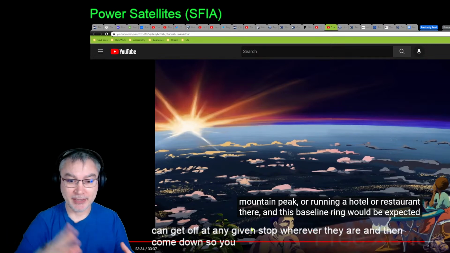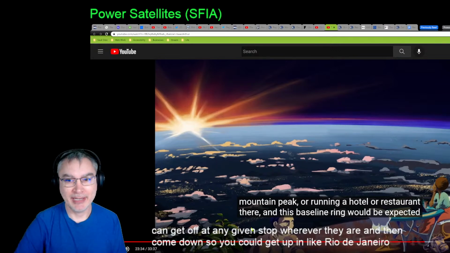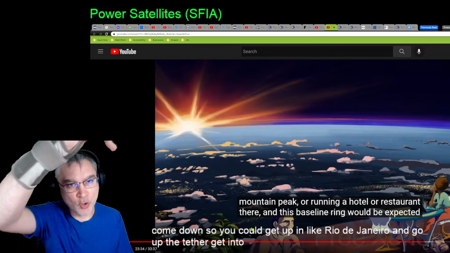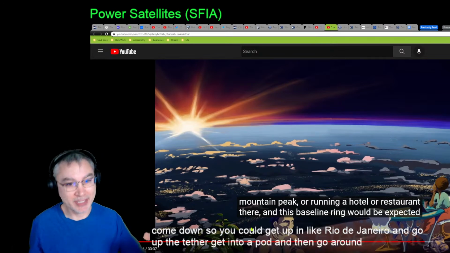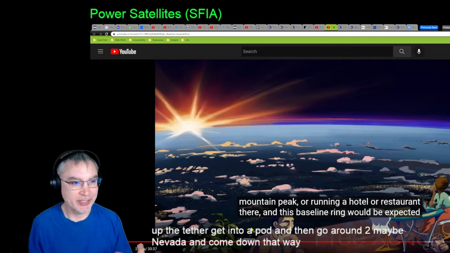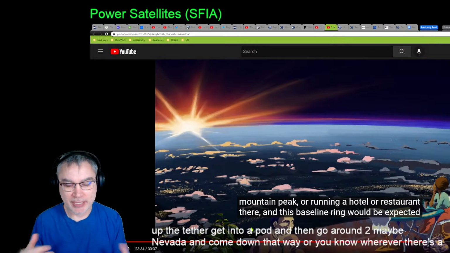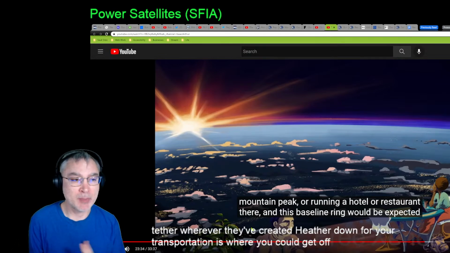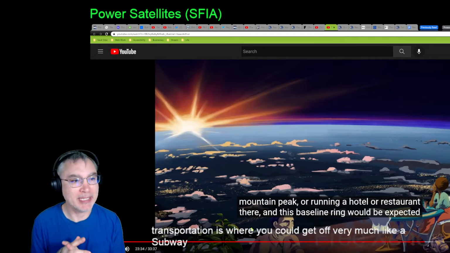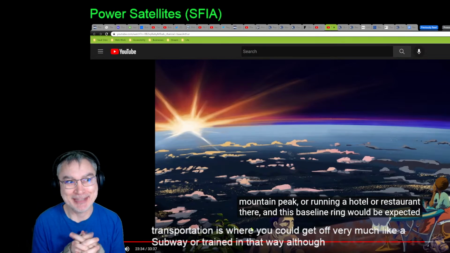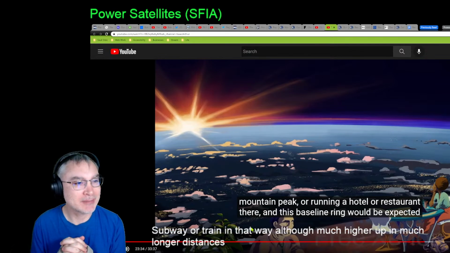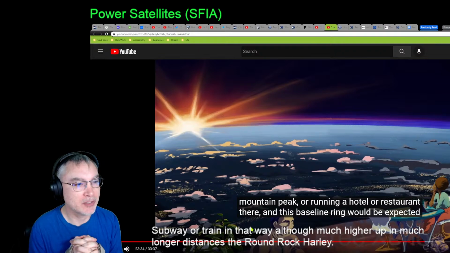So you could get up in Rio de Janeiro, go up the tether, get into a pod, and then go around to maybe Nevada and come down that way. Wherever there's a tether down for transportation is where you could get off. It's very much like a subway or a train in that way, although much higher up and for much longer distances.